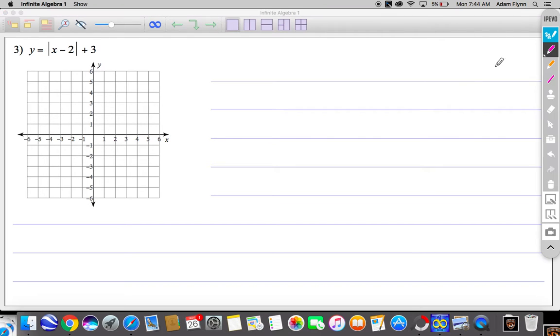Okay, so we have y equals the absolute value of x minus 2 plus 3. So first I'll find my vertex. This process won't change.